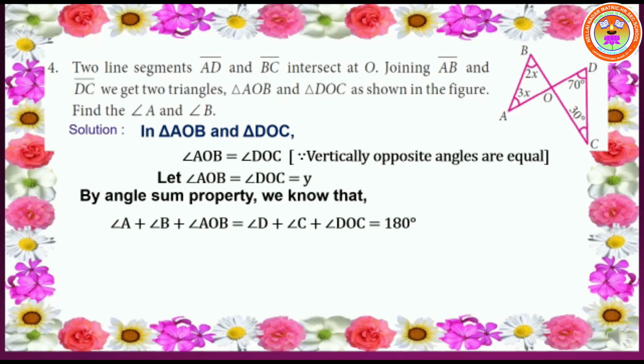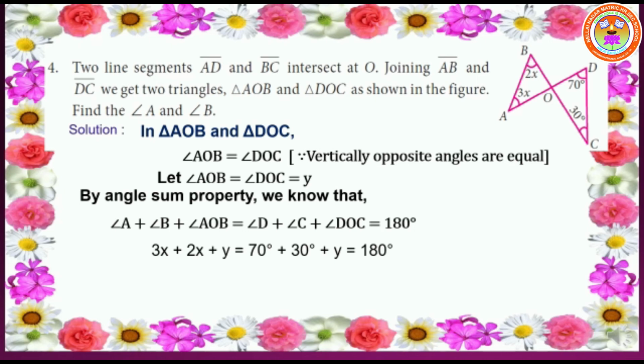Now, let me substitute the values for angle A, B, angle AOB, angle D, C and angle DOC. Okay. So, when I substitute, what is happening to the equation? 3x plus 2x plus y, that is equal to 70 degrees plus 30 degrees plus y, that is equal to 180 degrees.